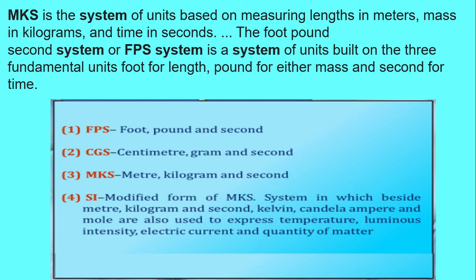On the other hand, the FPS system is used only in a few countries. So using these units might create unwanted problems while conducting international business. That is why the MKS system is more convenient than the FPS system.